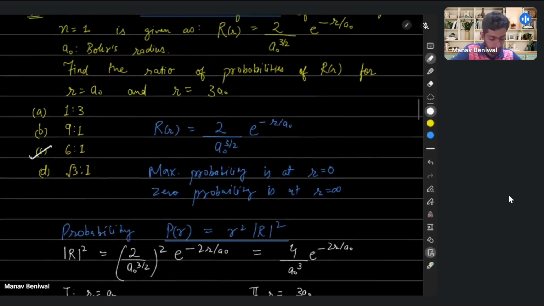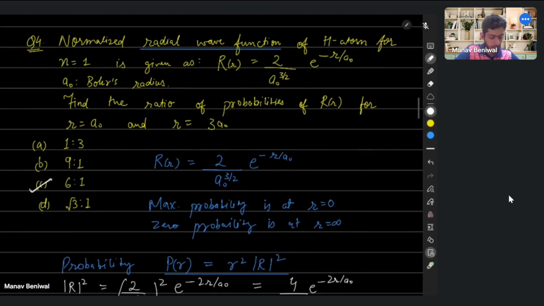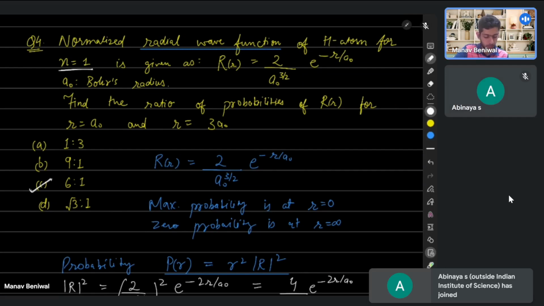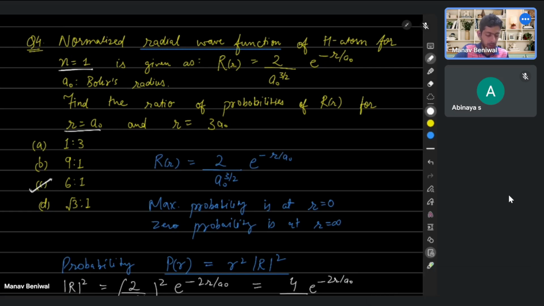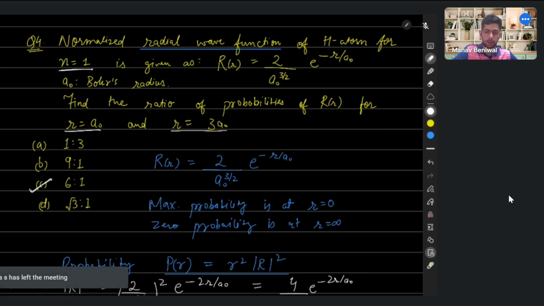So therefore what it means is that when we are given a wave function, radial wave function for n equals 1, then it is 6 times more probable to find the electron at r equals a naught than at r equals 3 a naught. Okay, so the probability decreases exponentially, and it is 6 times the probability at r equals 3 a naught when the electron is at r equals a naught.